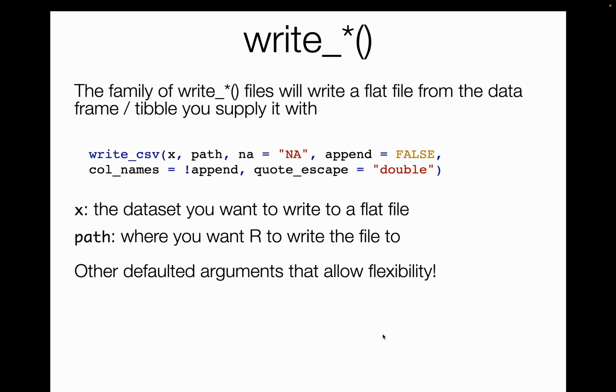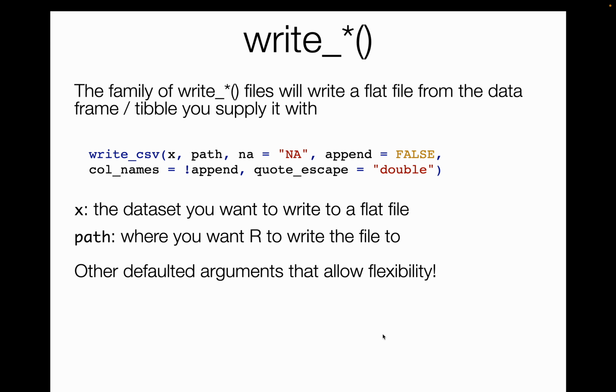Or you might be trying to give a file to someone who doesn't know R, and they don't want to read some R file that you gave them, or screenshots or something, but they know how to work with Excel, which can open a CSV. And so you might want to give them a CSV at the end outside of R. Sorry, long-winded story to introduce the write underscore CSV.